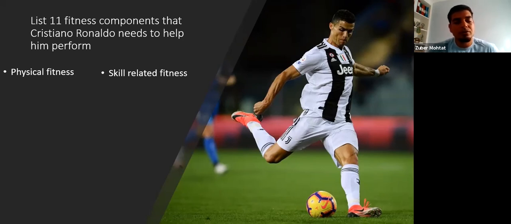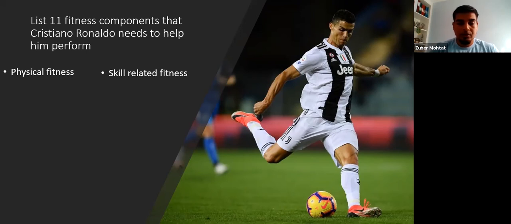So those are components that would help with Ronaldo's overall skill. Health-related or physical fitness components are components such as cardiovascular endurance, strength or muscular endurance, which help with the general health and well-being of an individual.